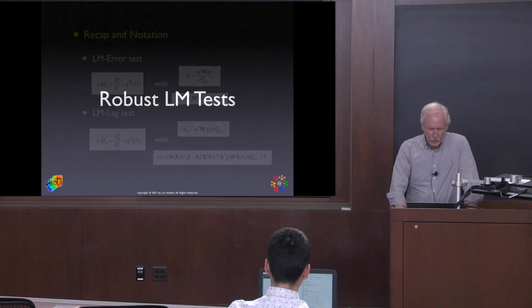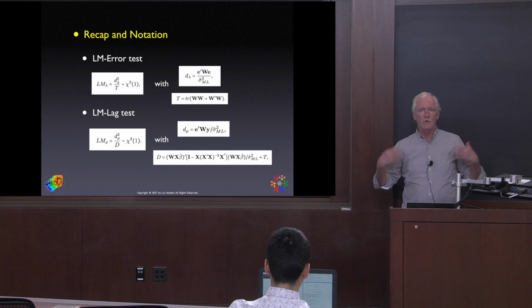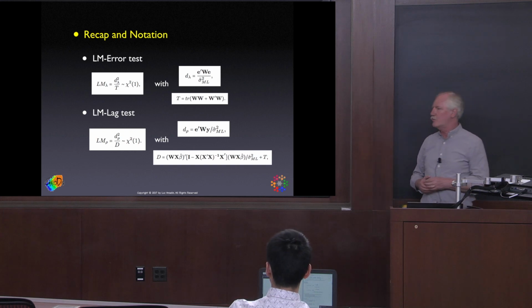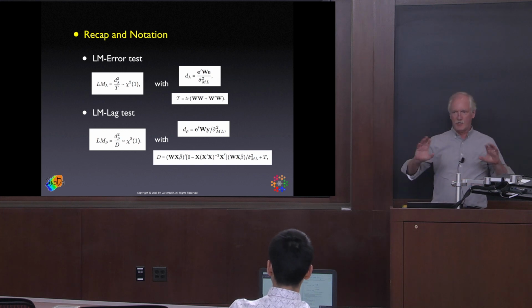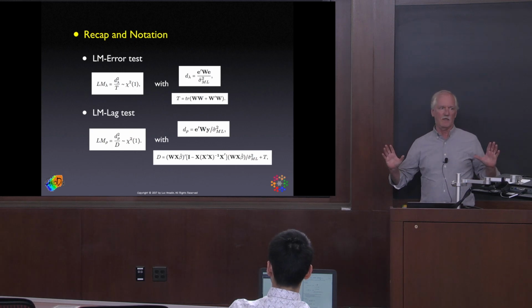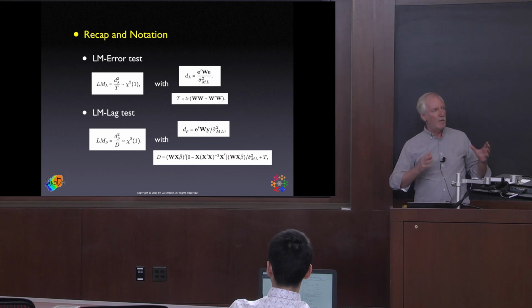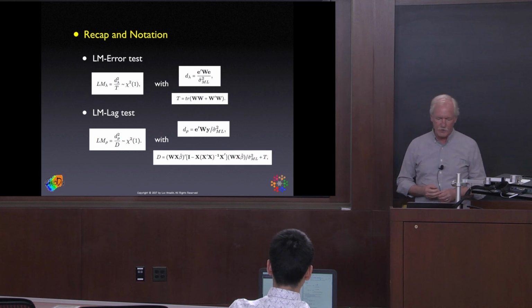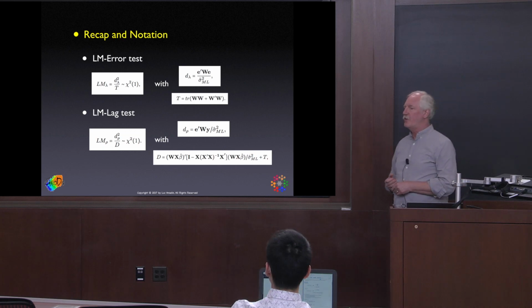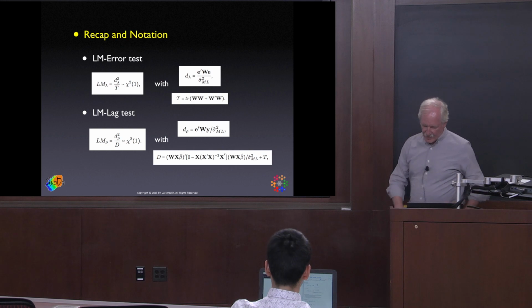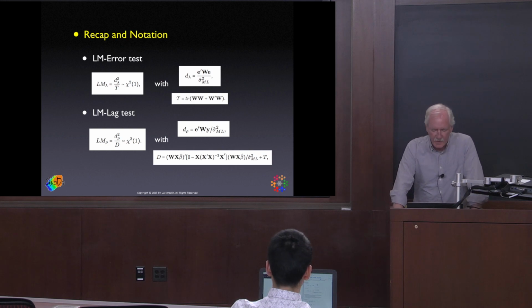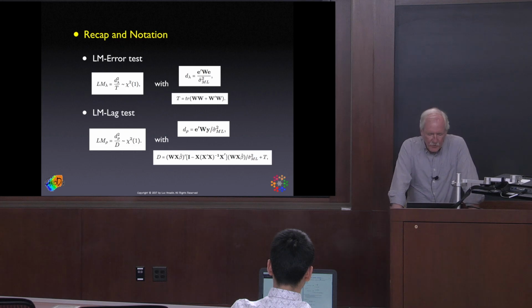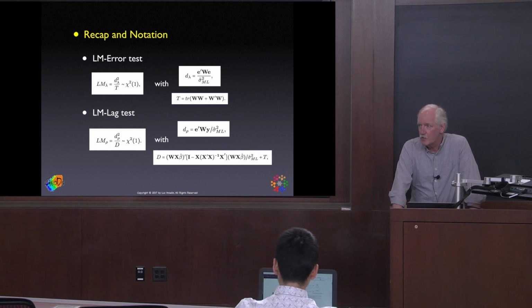Okay, so what are these robust tests? First, let's just recap, and I changed the notation a bit because, as you'll see in a minute, it gets very complicated. So this at least makes the notation somewhat tractable. So the Lagrange multiplier error test I have rewritten here as a ratio of d lambda squared over T, and d lambda is basically the numerator in the LM error test that we saw on Monday.